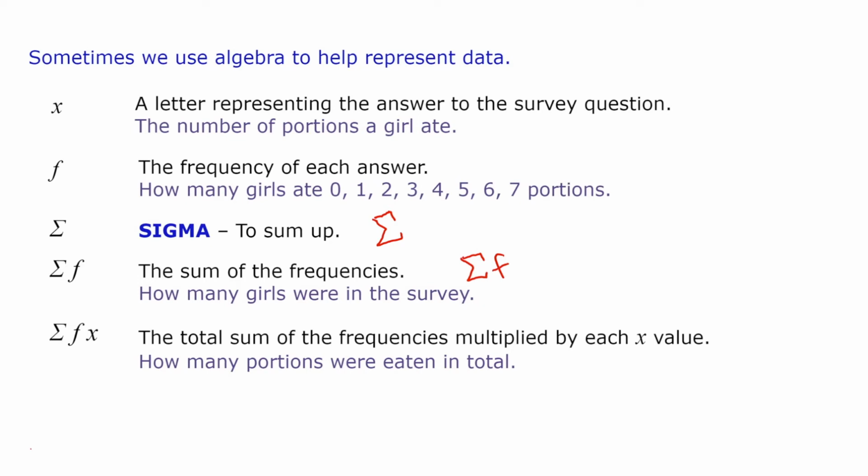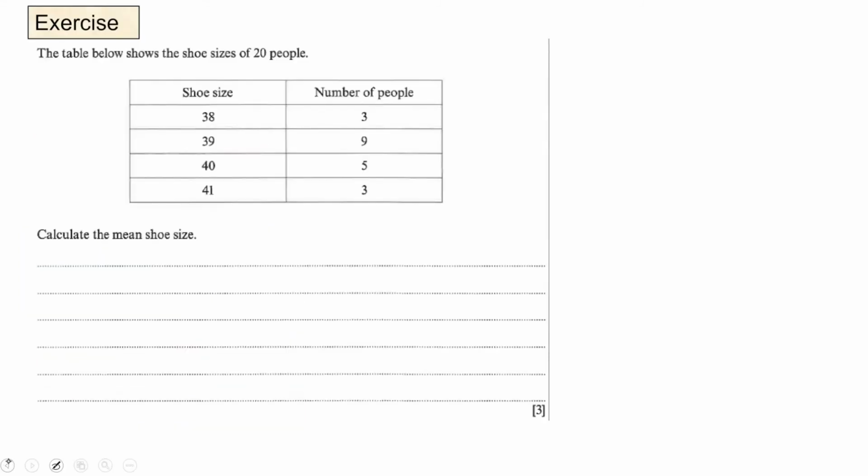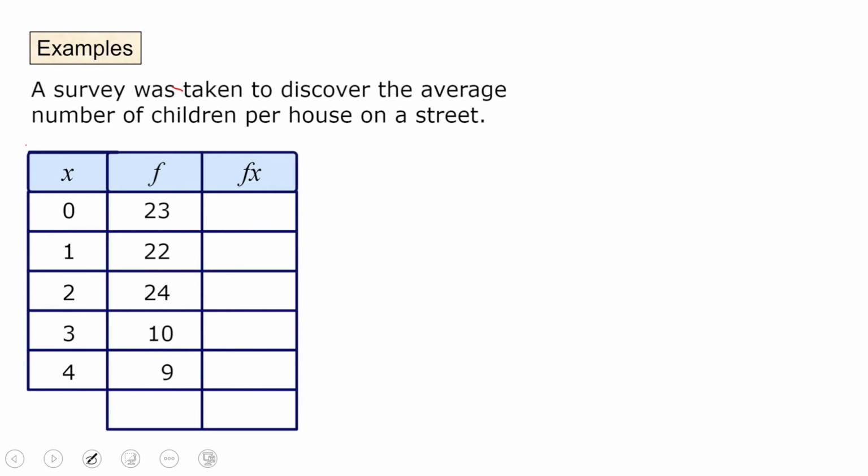Okay, so if I use these within this next question then, so a survey was taken to discover the average number of children per house on a street. So here, F is going to be the amount of houses. X is then the number, I'm not sure why this keeps moving. X is the number of children per house.